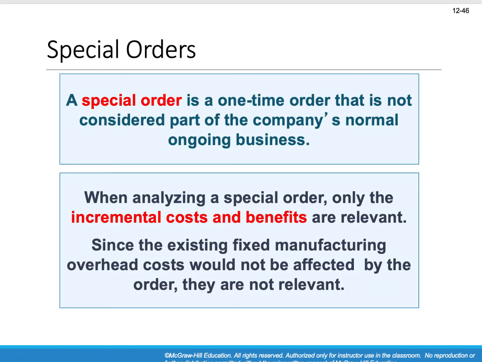So special orders, what are they? Well, a special order is a one-time order, right? It's not considered part of the company's normal ongoing business. Let me give you an example. Let's say we're a restaurant and we just do lunch, right? We do sandwiches and burgers and things like that. And let's say that a businessman comes in and says, hey, I have 20 clients.